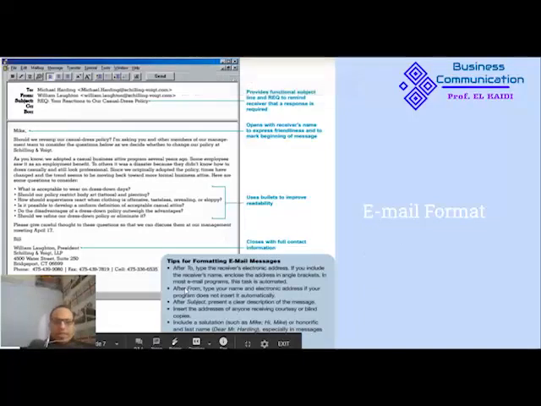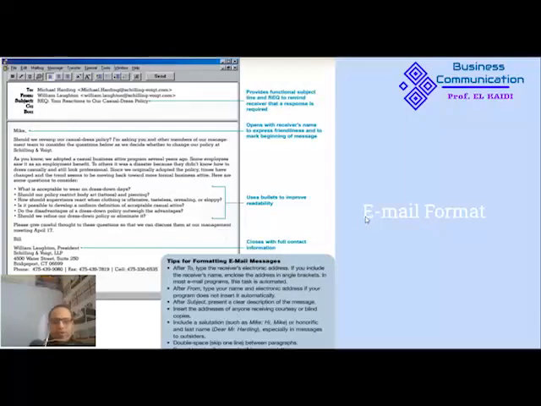Now, at the end here, we have some tips for formatting email messages. After "To", type the receiver's electronic address. If you include the receiver's name, enclose the address in angle brackets, like these ones here. We have the name of the recipient and his email, so his email should be included within these angle brackets.